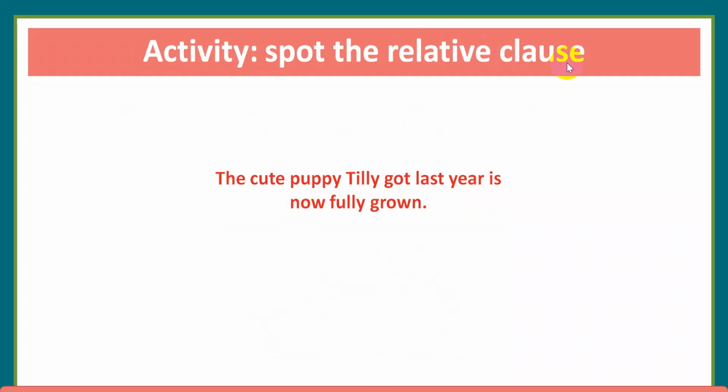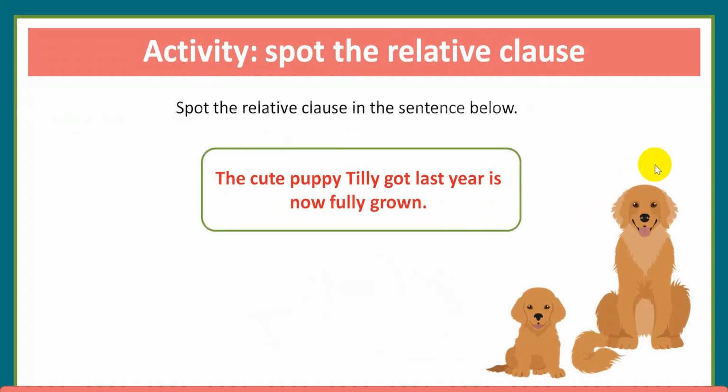Spot the relative clause here. The cute puppy Tilly got last year is now fully grown. Where is the relative clause in the sentence here? You may ask a question: there is no relative pronoun. You are completely right.